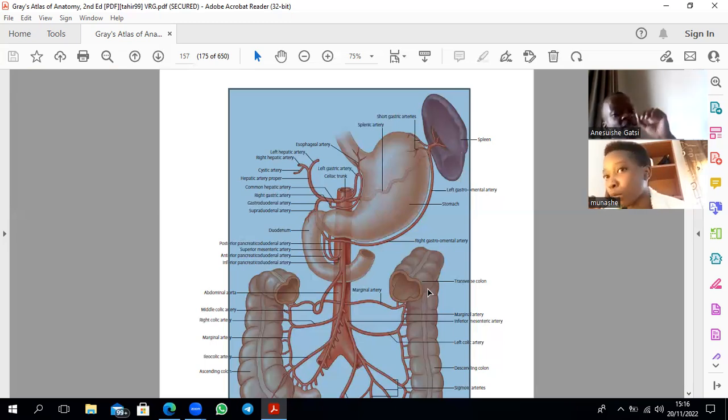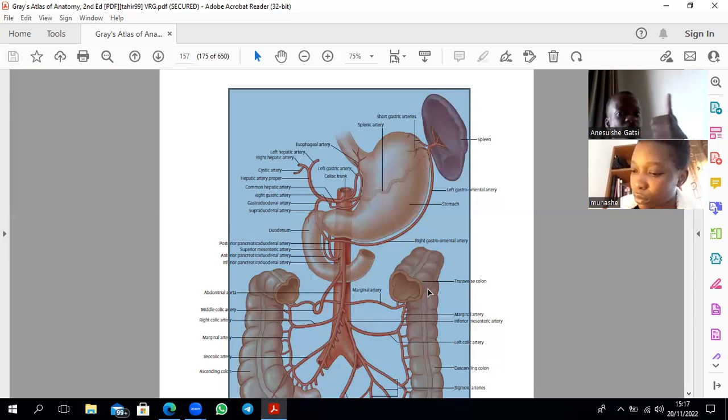So celiac trunk has given us left gastric, right? The celiac trunk gave us left gastric, common hepatic, and splenic. Meaning left gastric is for the upper part of the lesser curvature.